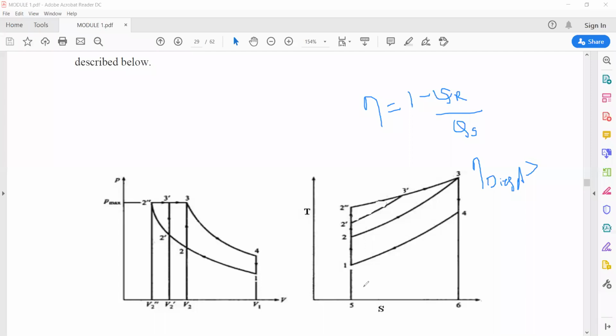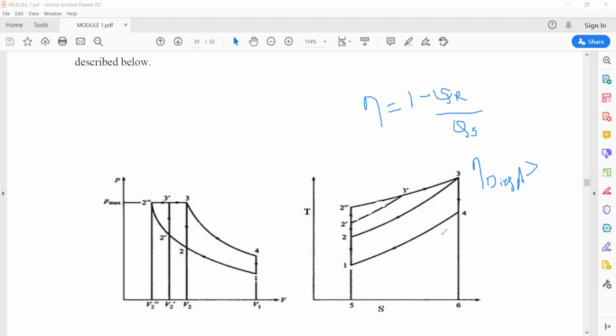Next, 5 2 dash 3 dash 3 6 5 is for the dual cycle, so this area is the next maximum. The last one is 1 2 3 4 1, that is 5 2 3 6 5, which is the heat supplied for the Otto cycle.